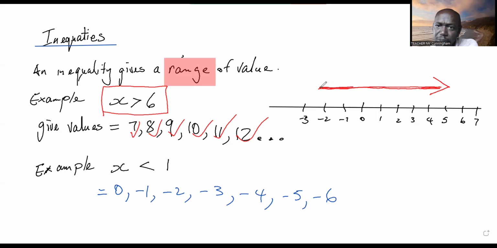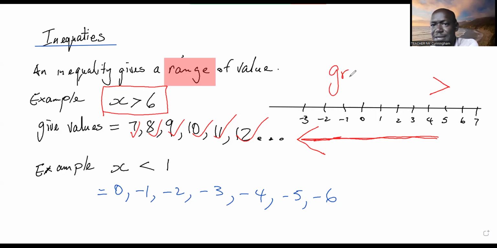Bigger. It's getting bigger or getting larger. And this arrow here, is it getting bigger or smaller? Smaller. It's getting smaller. Right. So therefore, if I erase the line, this is called a greater than sign.